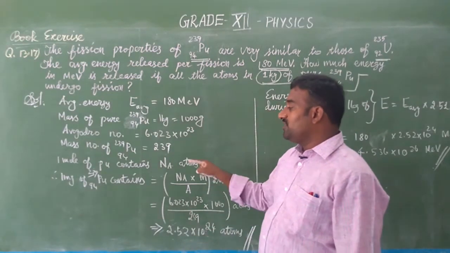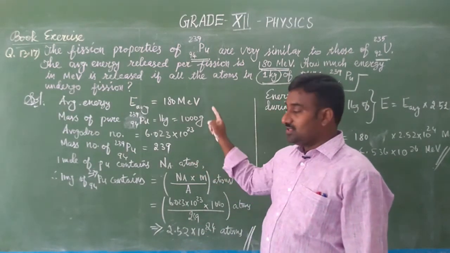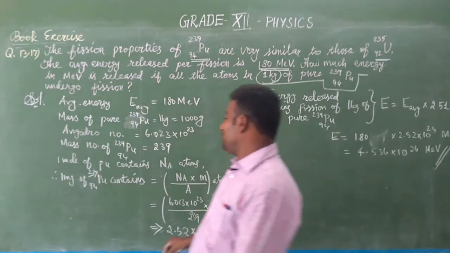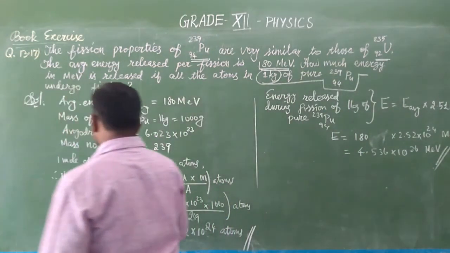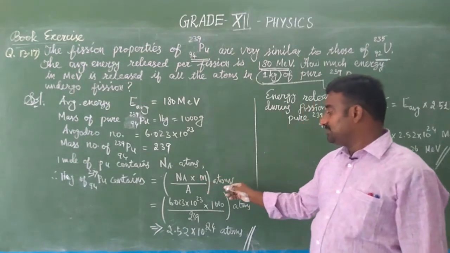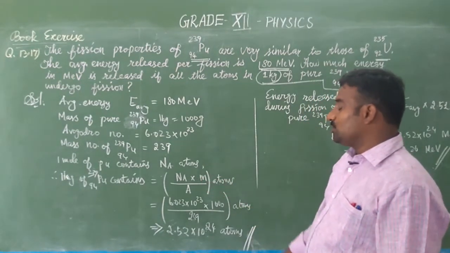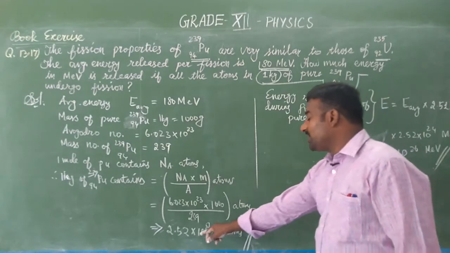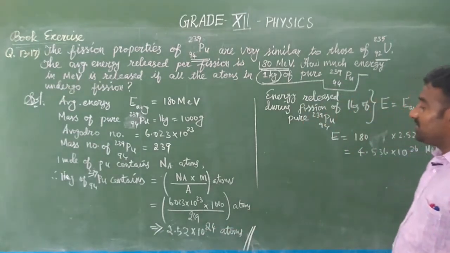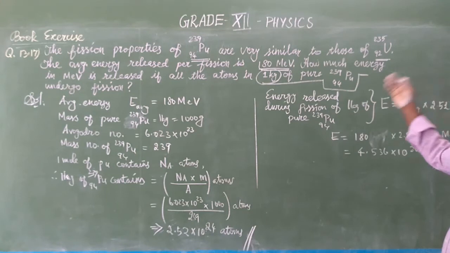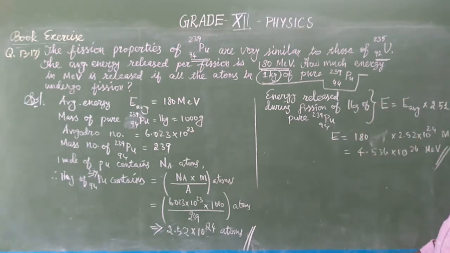And 1 mole of the plutonium contains this much atoms, so 1 kilogram of the plutonium contains this much atoms. So substitute. 1 kilogram of plutonium contains 2.52 into 10 to the power 24 atoms. Therefore, if 1 kilogram of pure plutonium completely undergoes fission, the energy released will be E, the average energy into this many atoms. So 180 mega electron volt and 2.52 into 10 to the power 24 atoms.